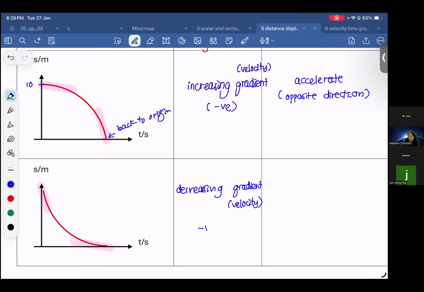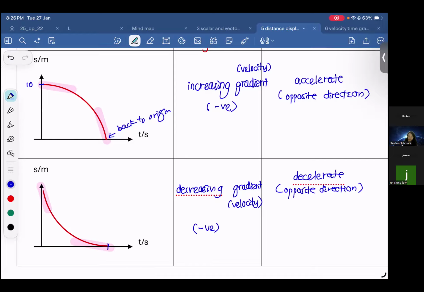Then it's in the opposite direction, so the value will be a negative gradient. So at here, decreasing velocity means that it decelerates. It is also moving in the opposite direction, moving backwards.